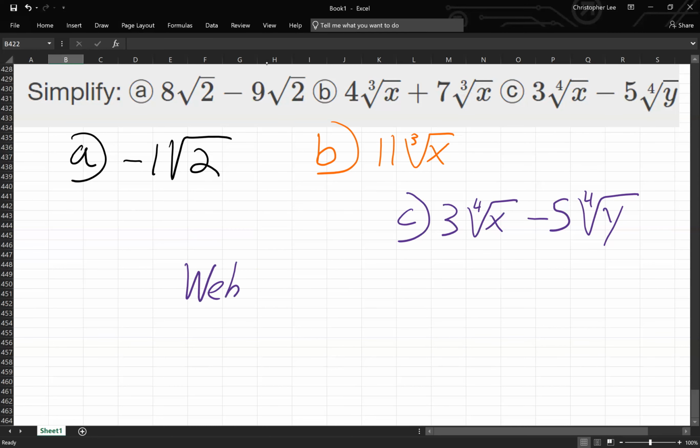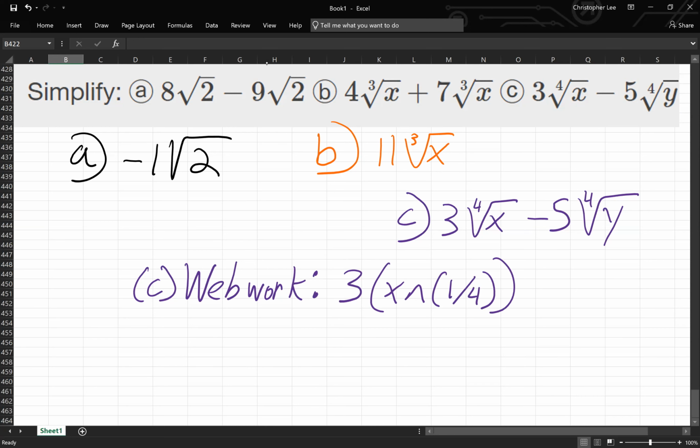So for web work, this one is for C. So this would be 3, and then I would do open parentheses, X raised, open parentheses to 1 divided by 4, close parentheses, minus 5, open parentheses, Y raised, open parentheses to 1 divided by 4, close parentheses, close parentheses.